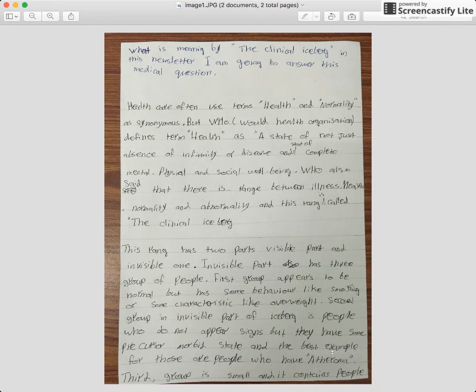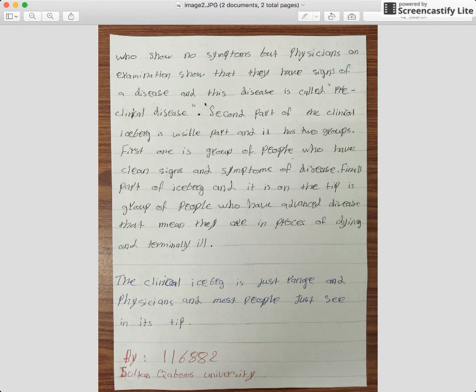Okay. Again, I think you're changing the meaning here. Best example of people with thermia. The third group, small group of people who show no symptoms, but physicians on the examination show that they have signs of the disease, and this is called preclinical state or disease. Okay, good. So I'm really confused with your first, second, third here. Second part of the clinical iceberg is the visible part.